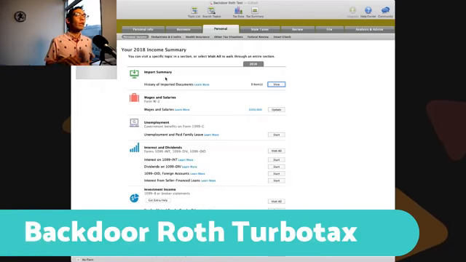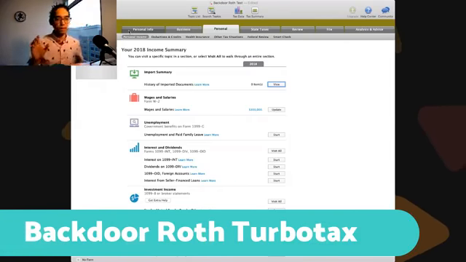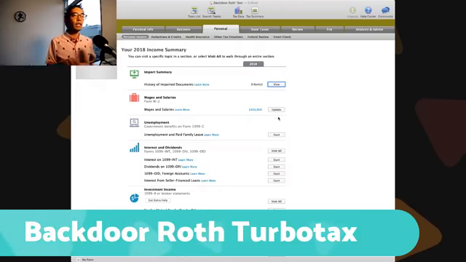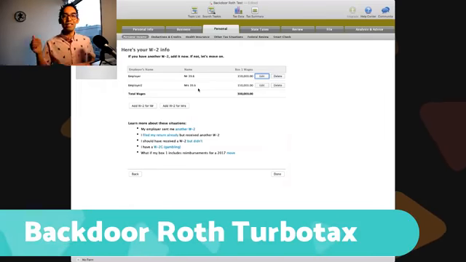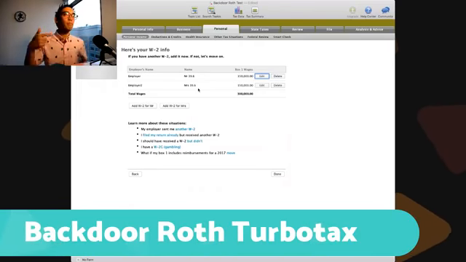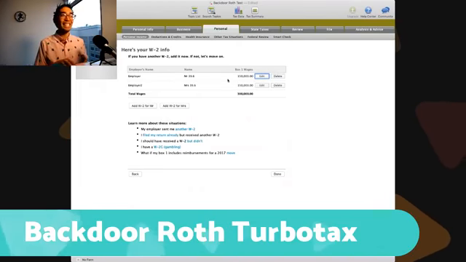When you're using TurboTax, it's basically just a bunch of questions, but the Backdoor Roth portion can get a little bit confusing. The first thing I did in making this template was add two W-2s, one for Mr. 39.6 and one for Mrs. 39.6, and each of them earn $150,000.